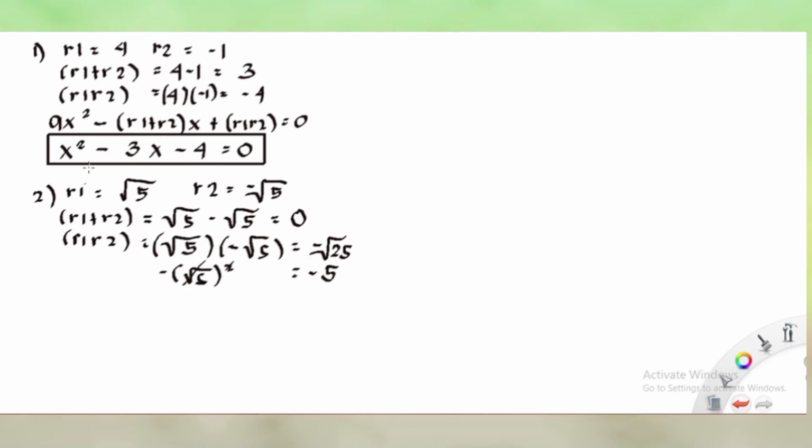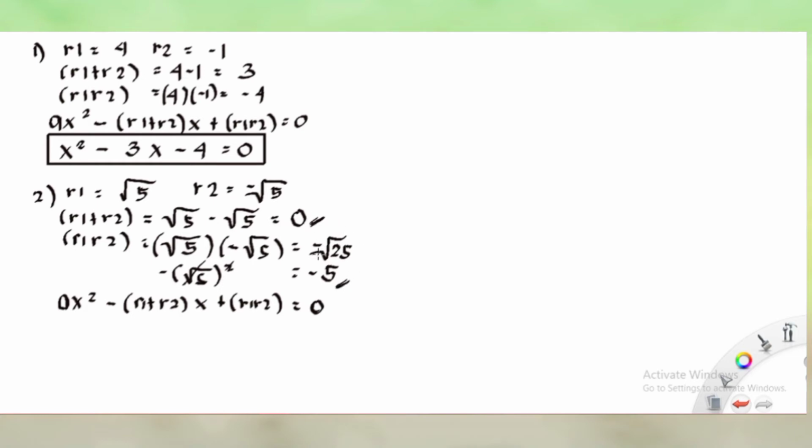Okay? Now, again, the formula is ax squared minus the sum of the roots r1 plus r2 x plus the product of the roots equals 0. So, again, ang ating sum ay 0 at ang product ay negative 5.